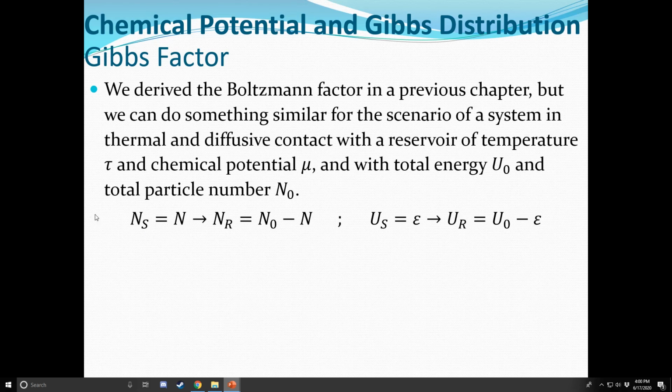Like we said that the number of particles in the system is equal to N. So that means that the reservoir is going to be N0 minus N, so that we have it in terms of a constant and our only variable. Same thing here. We're going to define the energy of the system as epsilon, and that way we get the energy in the reservoir being the total energy minus epsilon.